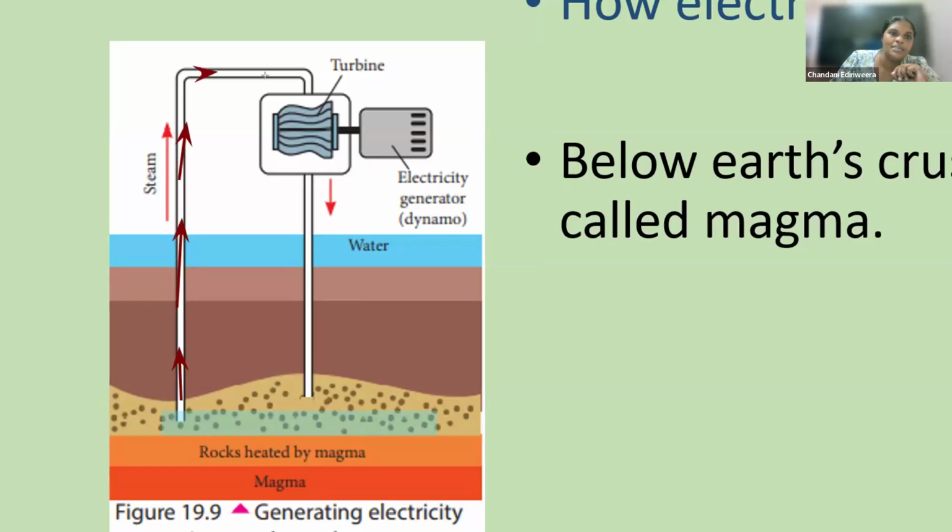This steam turns the turbine, and inside here electricity is produced, and we can use that electricity. This used steam is converted back into water when it comes out because of the low temperature, and that is pumped back to the earth. So the water is heated again and comes out the same way.